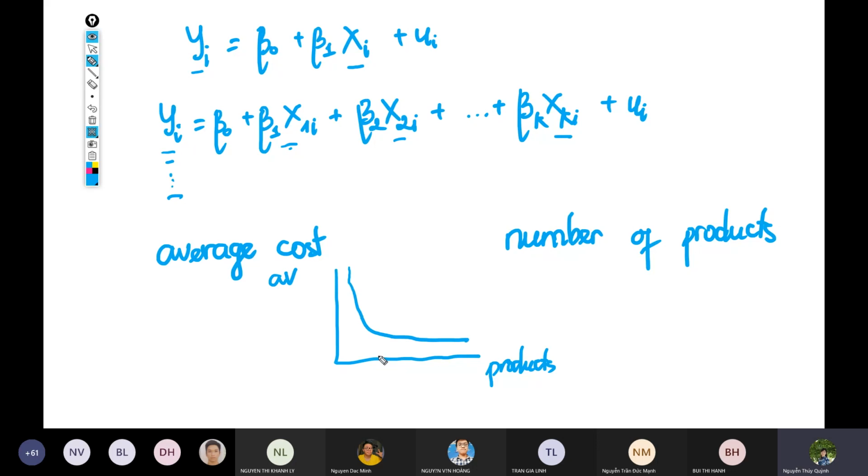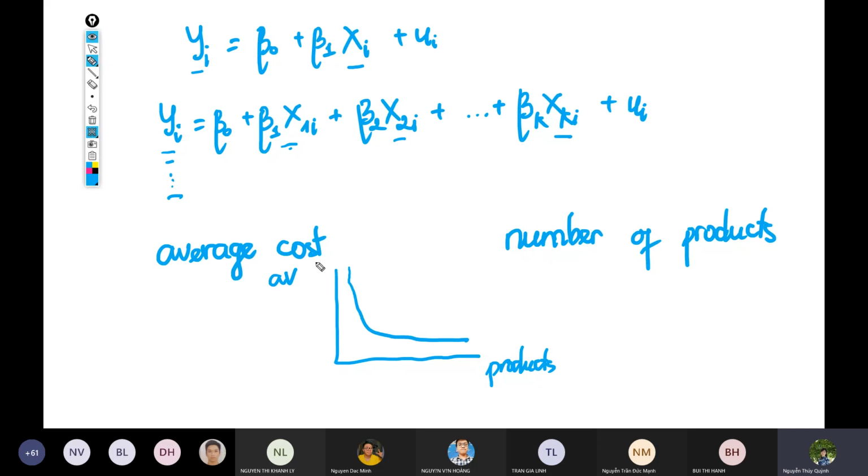If you still use this type of model to estimate the relationship between products and average cost, your estimate will be wrong. It will not be a correct estimate.